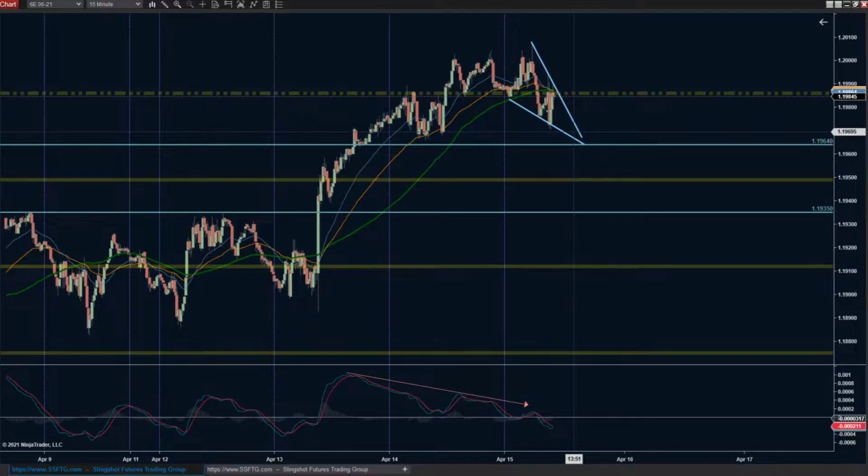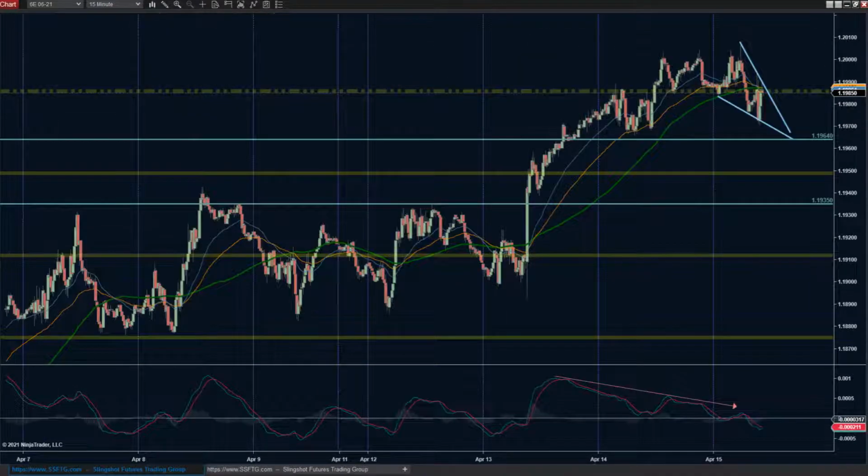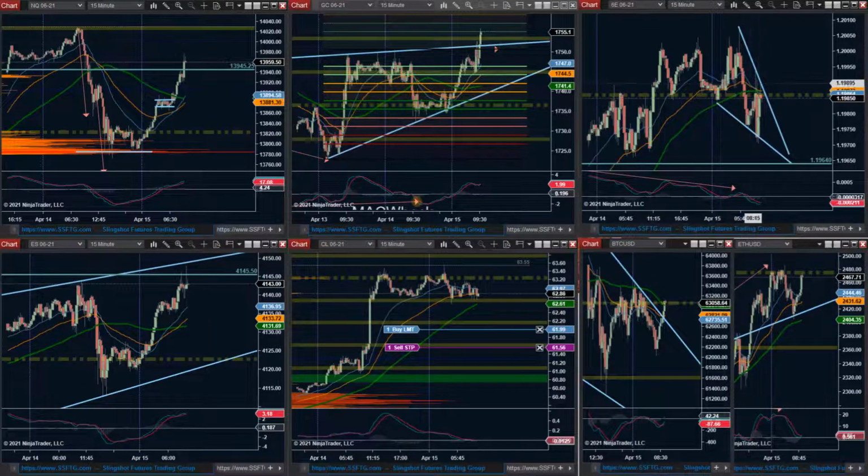What I would much prefer to see for the euro would be a breakout and then that low retest back down into the 19,640s. That's the swing that I want to see. So far, we haven't even broken the fallen resistance. So we've got a ways to go. That would be probably the next one to be setting up, though, outside of crude. At least so far.